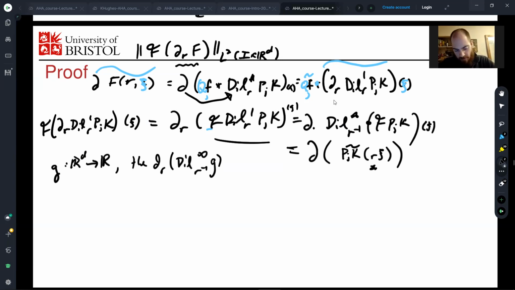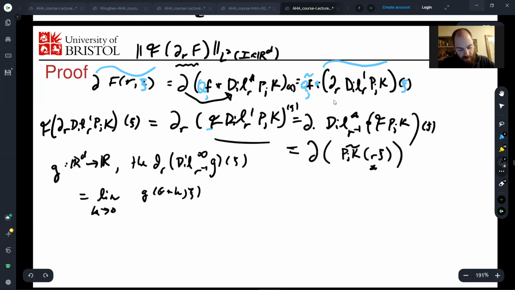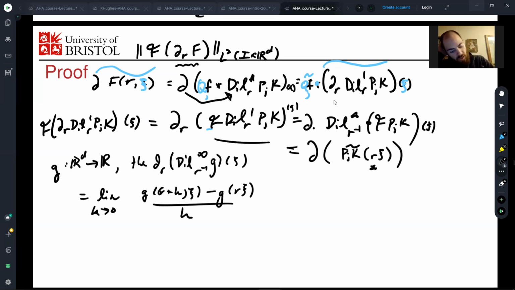It's equal to the limit as h tends to 0 of g(r xi plus h xi) minus g(r xi), divided by h. So I use the smoothness of g to bring out the gradient of g here.